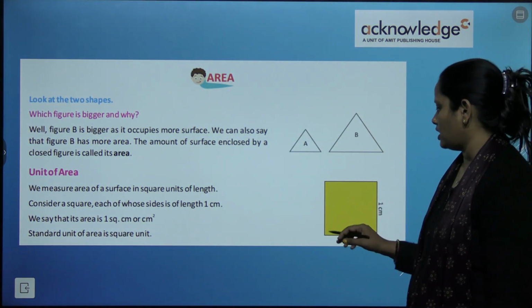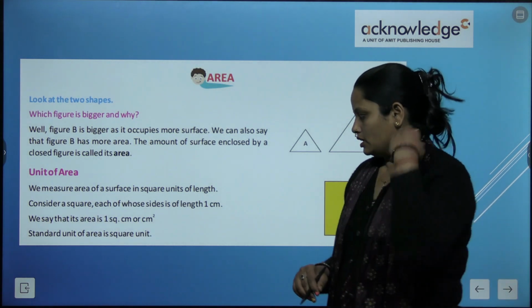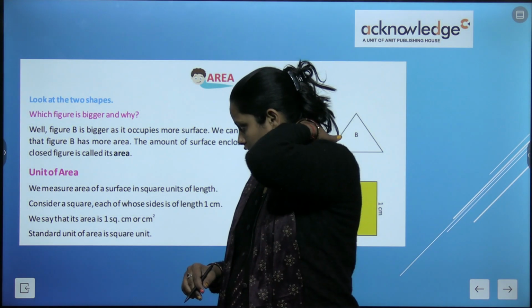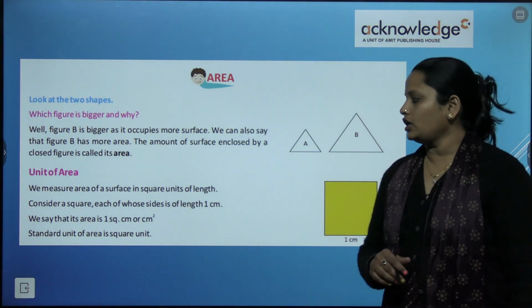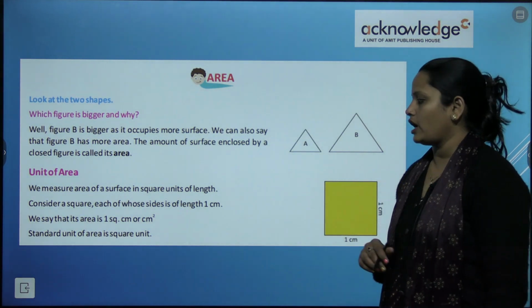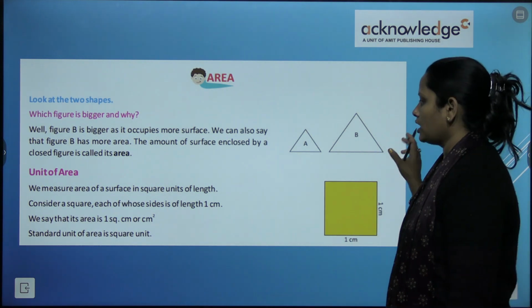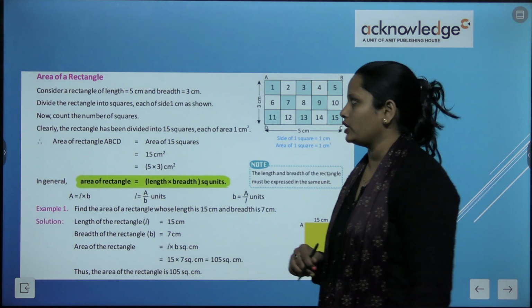We say that its area is 1 centimeter square. The standard unit of area is the square unit.